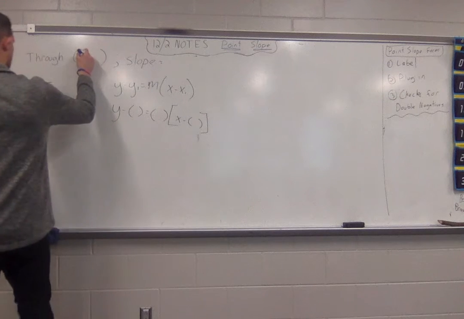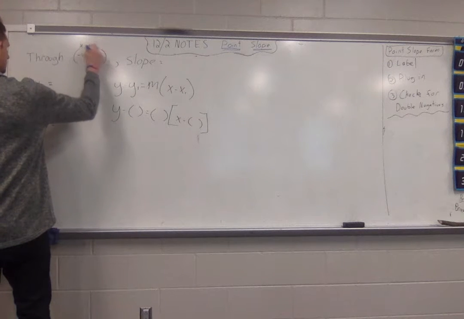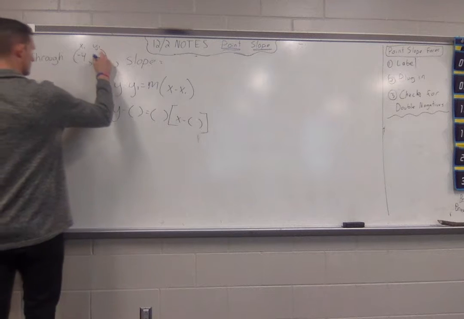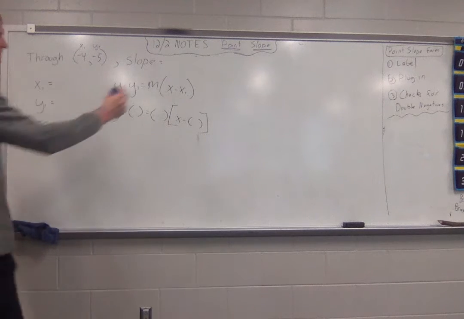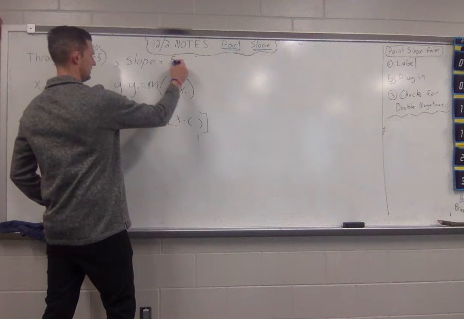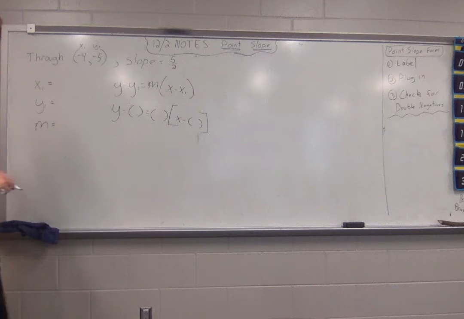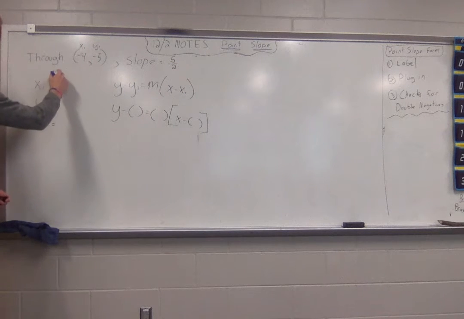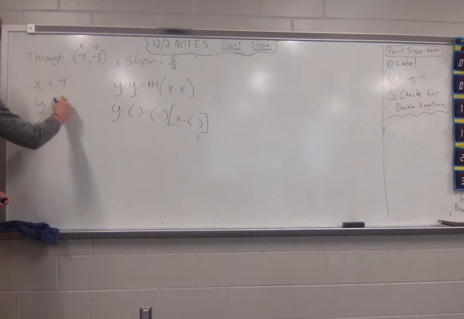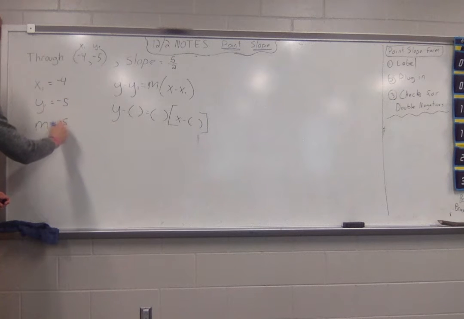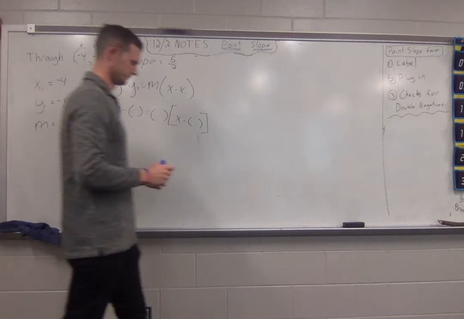So x1, -4, -5, 5 halves. So right away, I know -4 is x1, -5, and 5 halves.